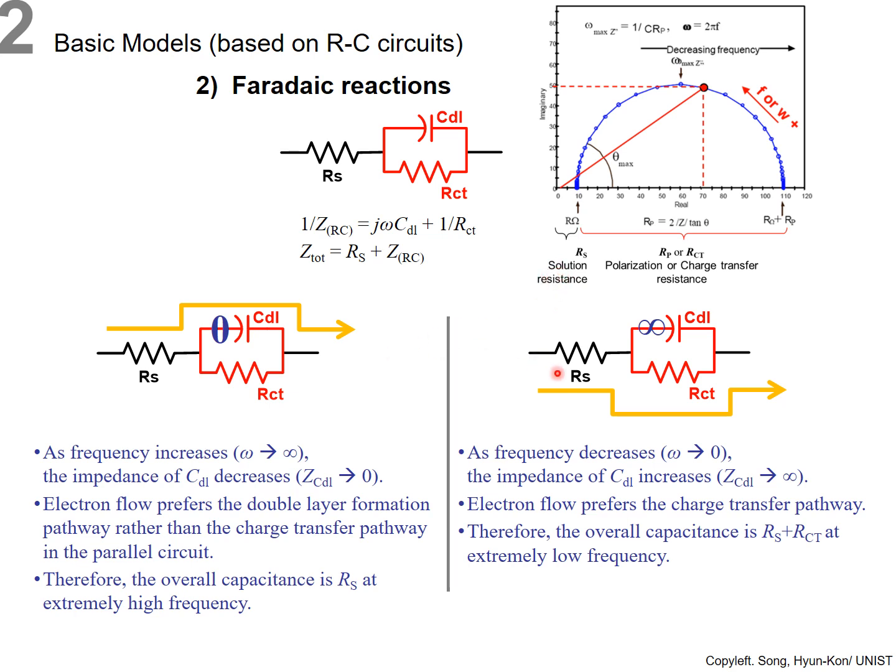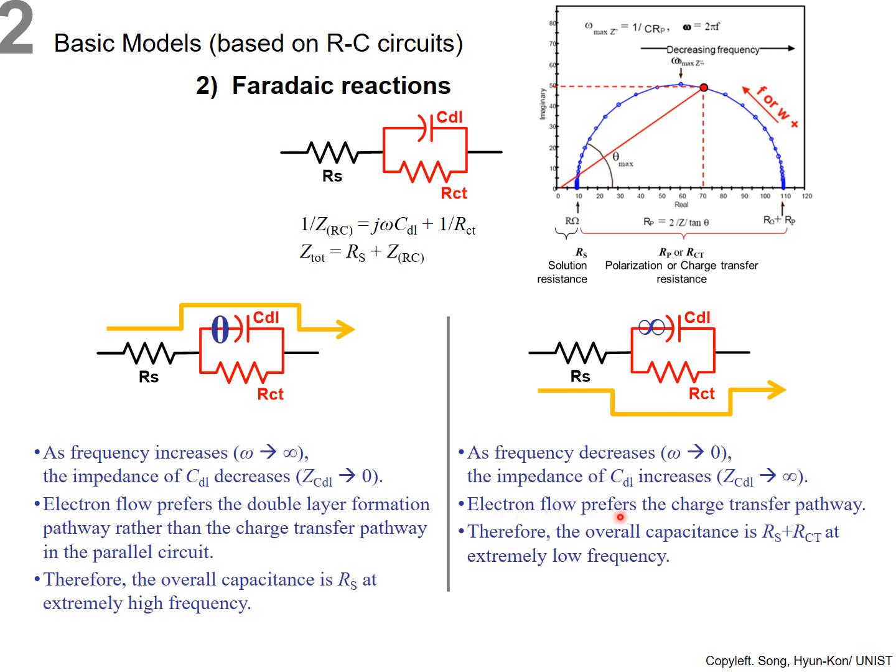Let's go to the other extreme case. As frequency decreases, that is to say omega is going to zero while frequency f is going to zero, the impedance of double layer capacitance increases. That is to say, the value of impedance, this part, is going up to infinity. Then the electrons don't like this pathway.